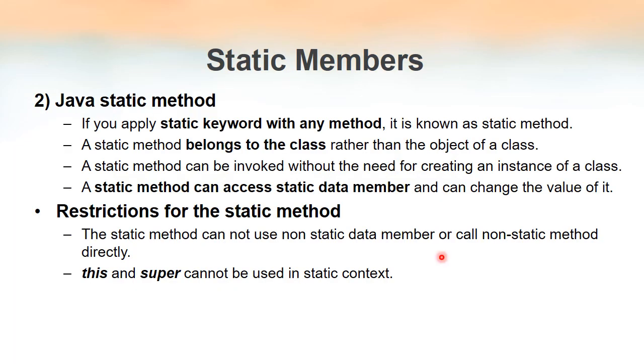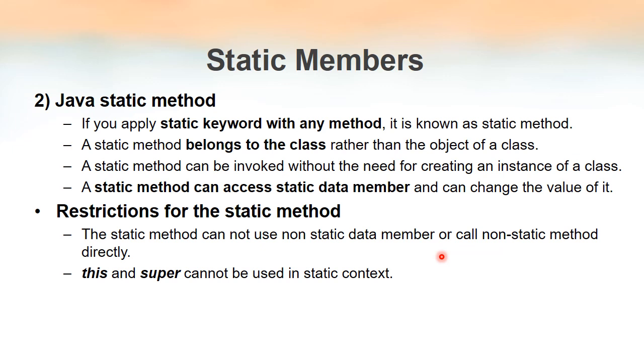Now we will see how to make a method static, or why we have to make a method static. We know that the main method is written as public static void main. Among this, you now know the meaning of public keyword as well as the void keyword. The only remaining keyword is static. Why do we want to make a method static?